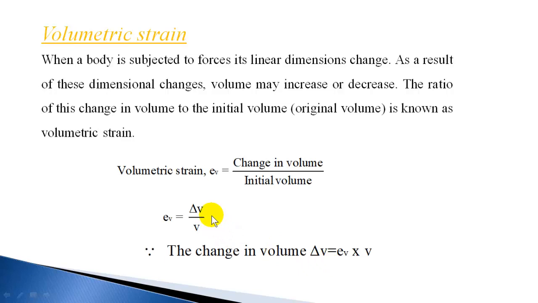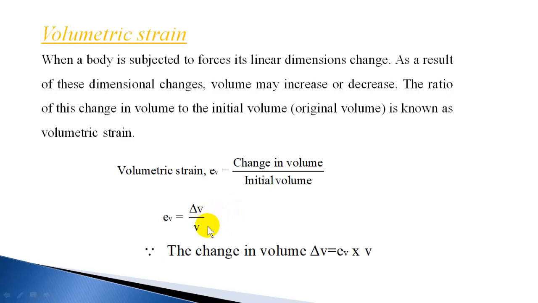Volumetric strain has no unit because it's a ratio of change in volume to the initial volume. Both have the same unit, say mm cube and mm cube, or centimeter cube by centimeter cube, or meter cube by meter cube. So the units will get cancelled.